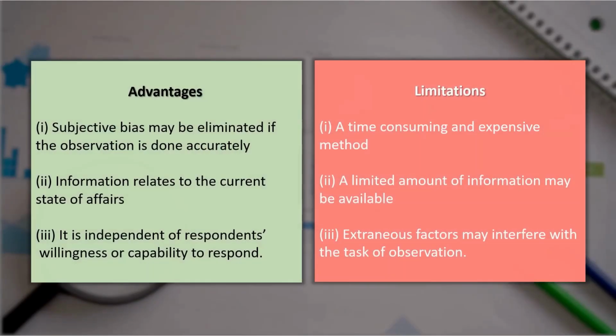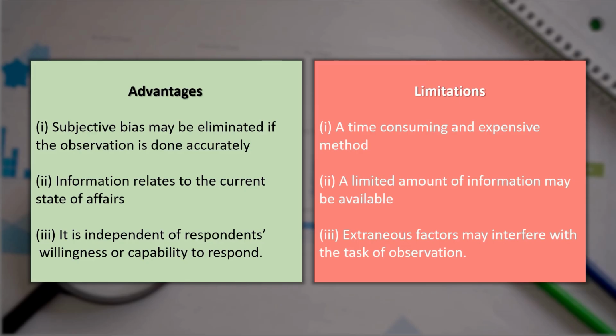Some of the advantages of the observation method are, firstly, subjective bias may be eliminated if observation is done accurately. Secondly, the information relates to the current state of affairs. And thirdly, it is independent of the respondent's willingness or capability to respond, because it depends upon what the observer is observing.